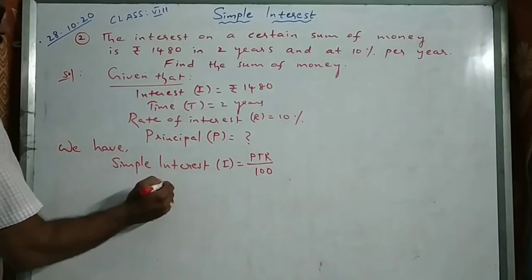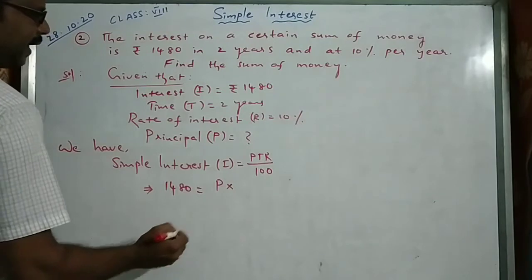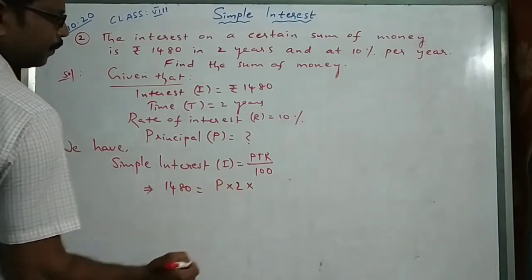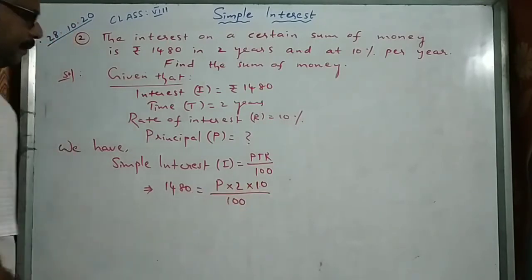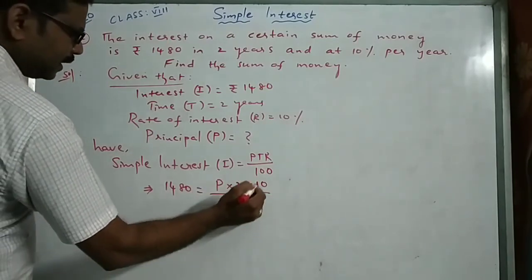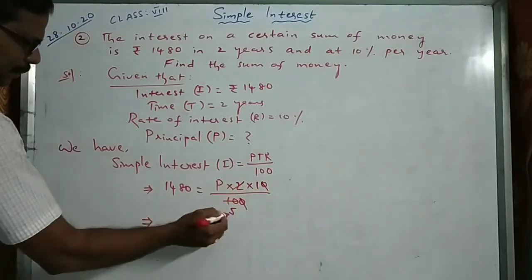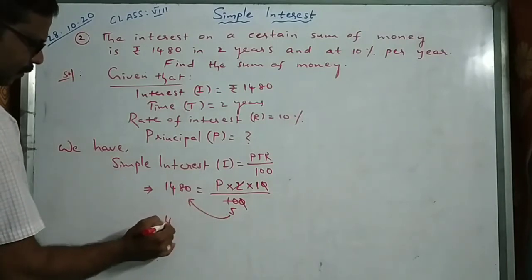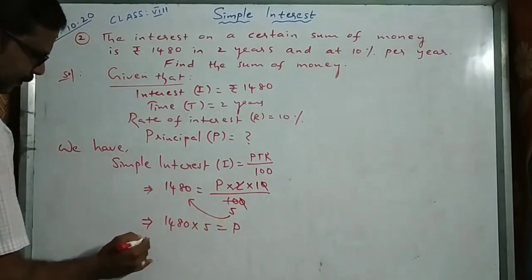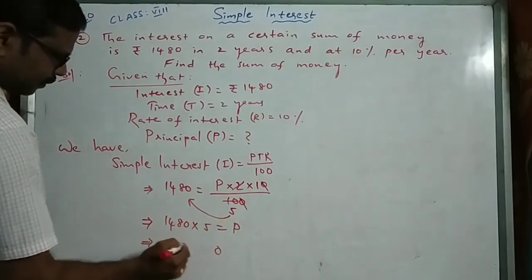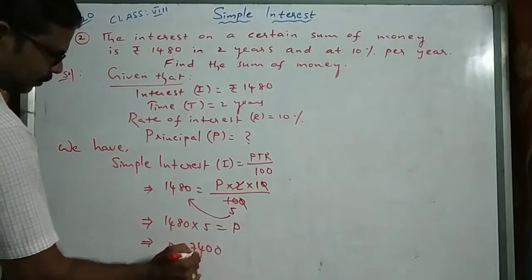Okay, interest amount is given here. How much? 1480 equal to P, we don't know. T value how much? 2. R value 10 upon 100. The zeros cancel, 2 ones are 2, and 2 fives are 10, so they cancel. So cross multiply. 5 will come this side, right? 1480 into 5 is equal to P. So P is equal to 7400.